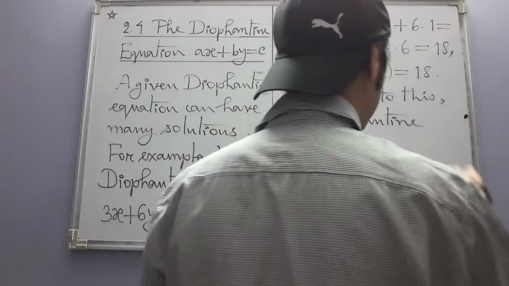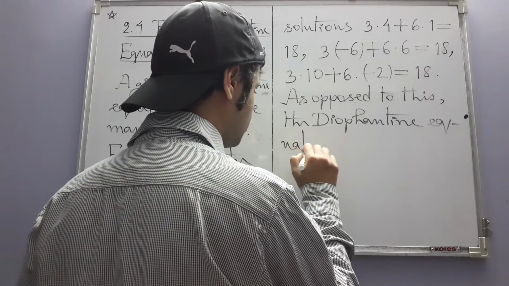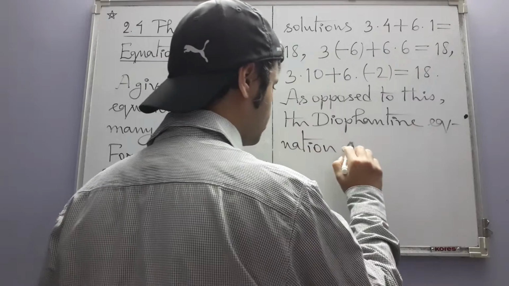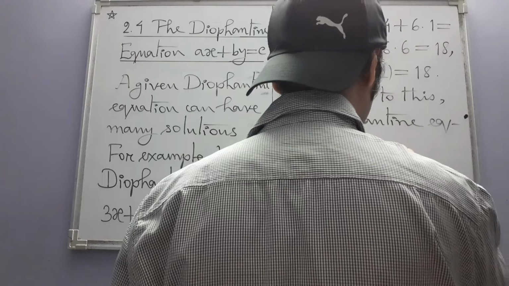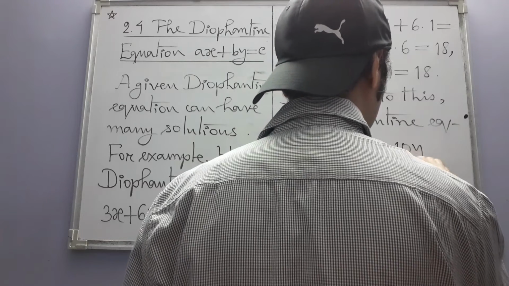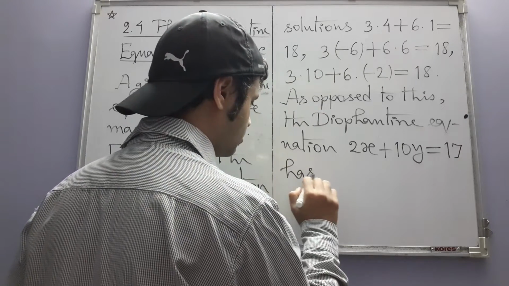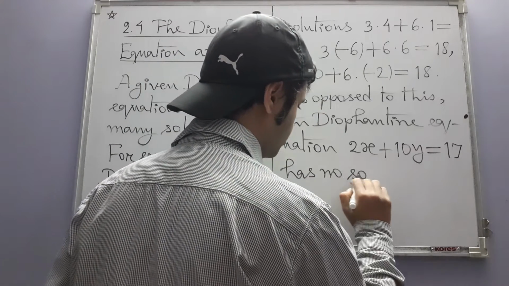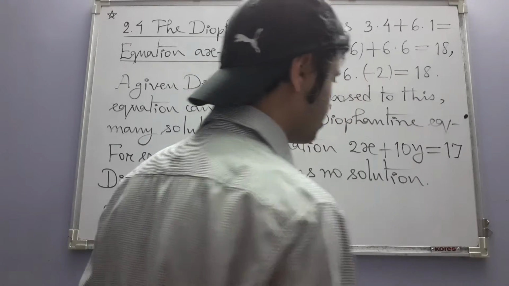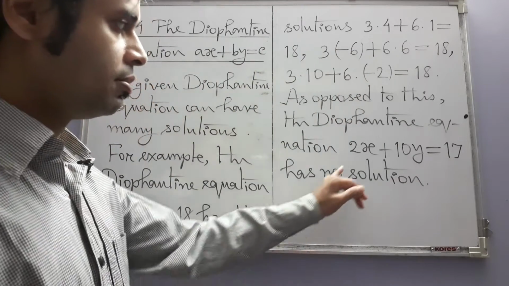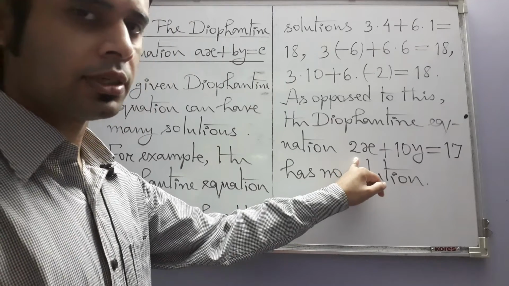As opposed to this, the Diophantine equation 2x plus 10y equal to 17 has no solution. No solution means, of course, no solution in the system of integers. If you relax that condition, in the system of real numbers, of course, it has a solution.